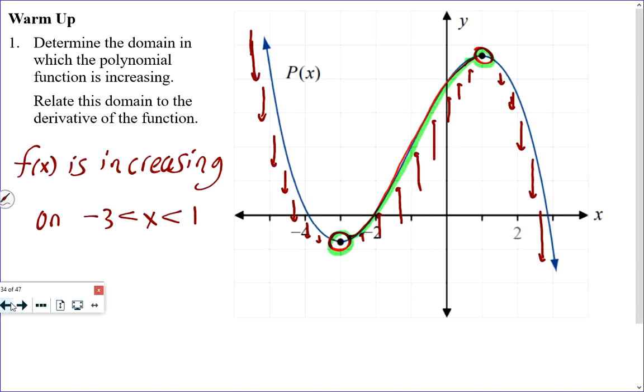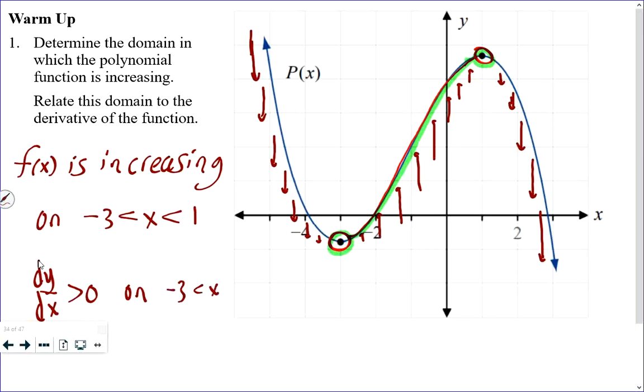And we said the function was increasing on this interval. That means that dy dx, whatever notation you want to use, if you want to use p prime of x or f prime of x, I don't care, is greater than 0 on negative 3 to 1.